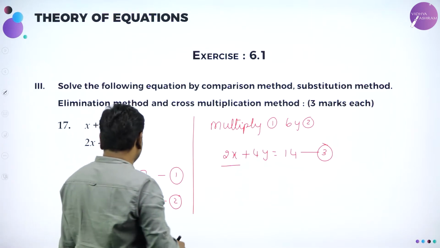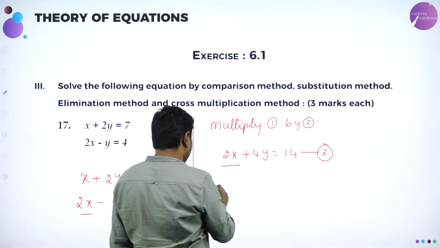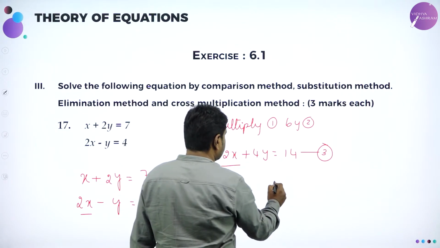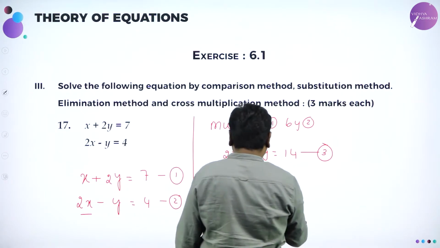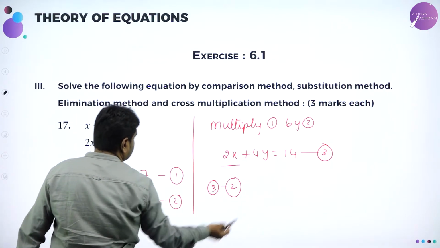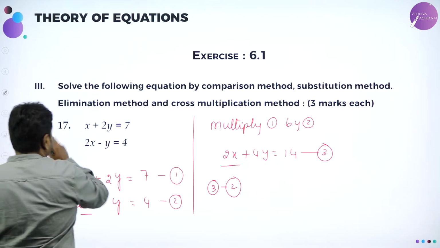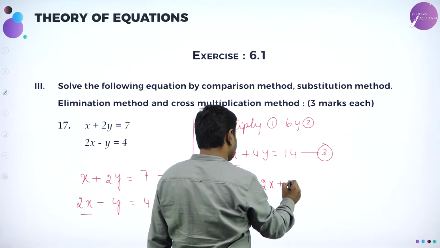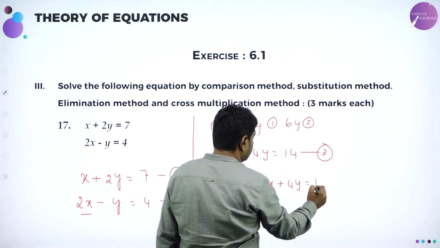So now we'll subtract equation 3 minus equation 2. What is equation 3? Equation 3 is 2x plus 4y is equal to 14.